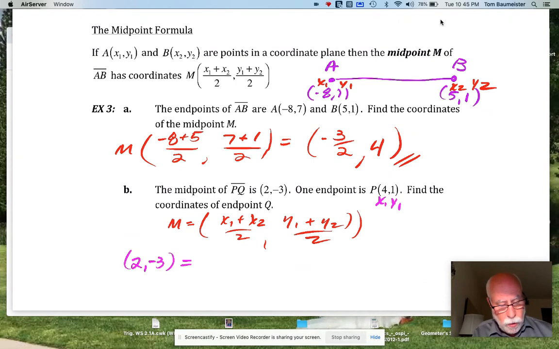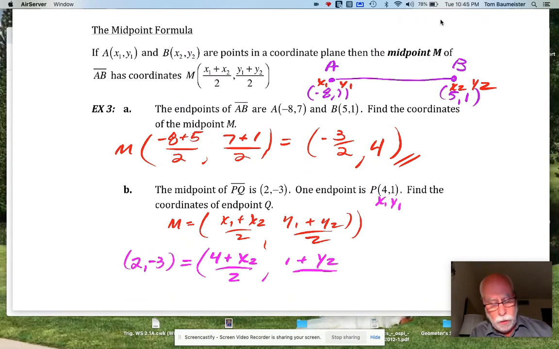So we know our x1 is equal to 4. x2 is the one that we're going to be looking for, and it's going to be divided by 2. And then we have our y1 as 1 plus y2. That's the one that we're going to be looking for. That's going to be our point Q. And we're going to divide that by 2.